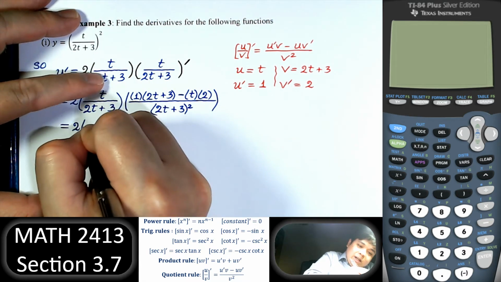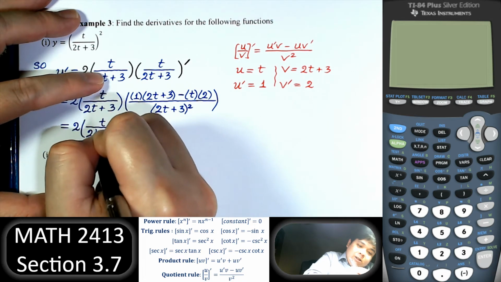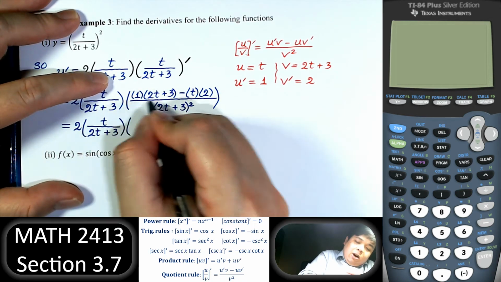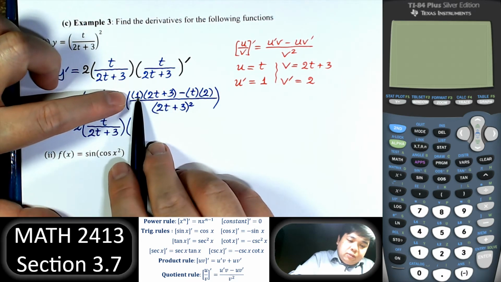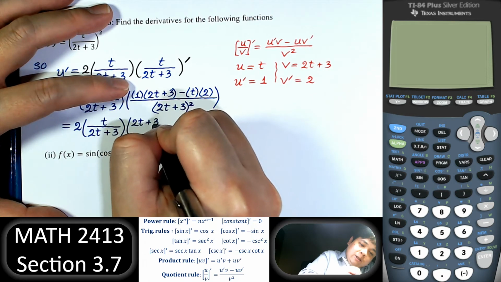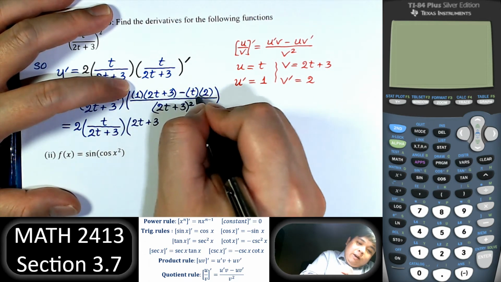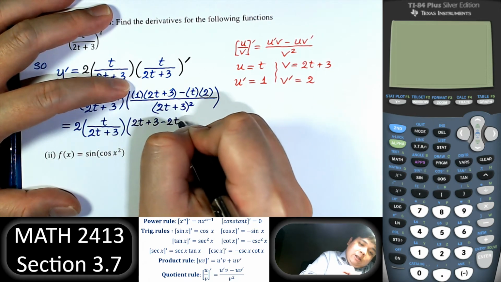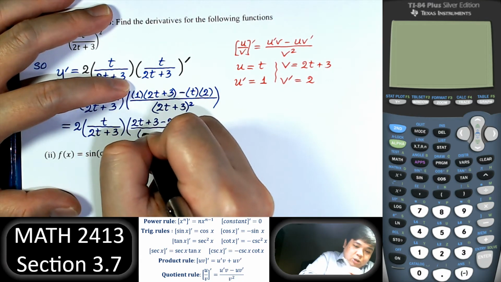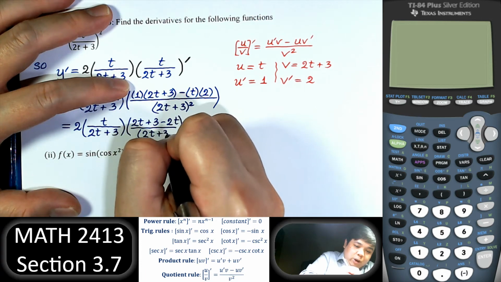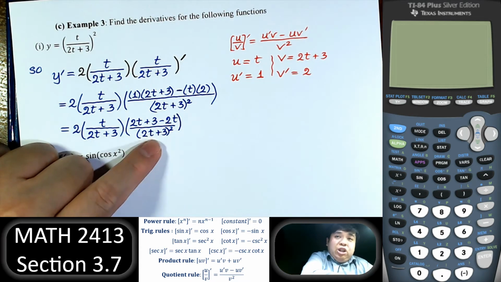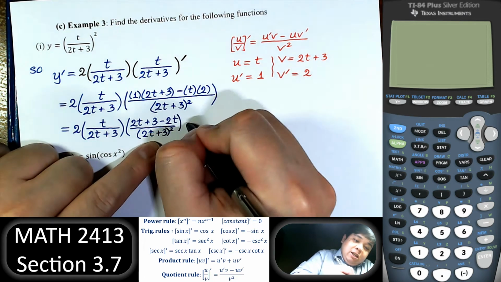Just keep it like that. On the top we will have 2t plus 3 minus 2t. The bottom is 2t plus 3 squared. Usually in the quotient rule, we don't multiply out the denominator. We just leave it like that. Right.